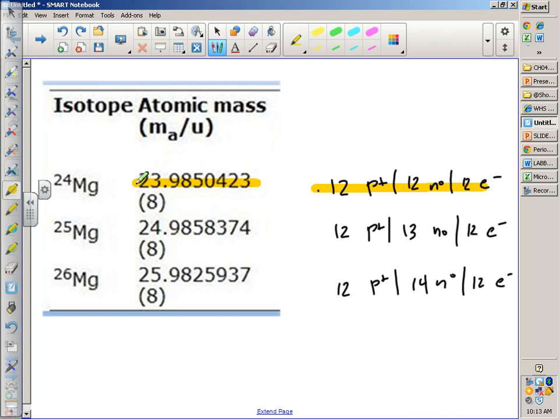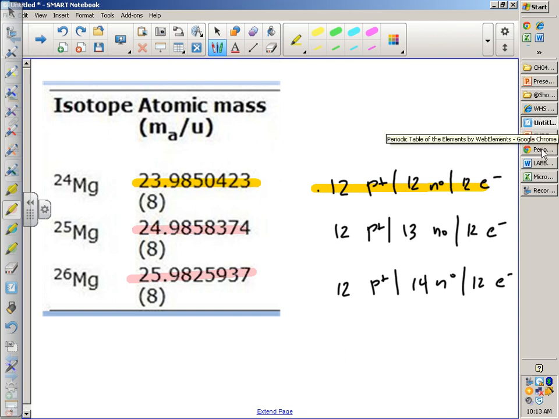Good there. But when we look at these numbers, by adding one neutron here, how much do we go up? Pretty close to 1, right? And then adding another neutron, we go up by pretty close to another 1, right? These are all very close to whole values. Not exactly, but pretty close, right? Does that make sense?